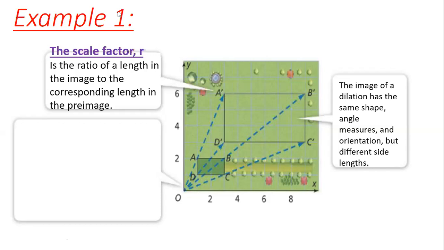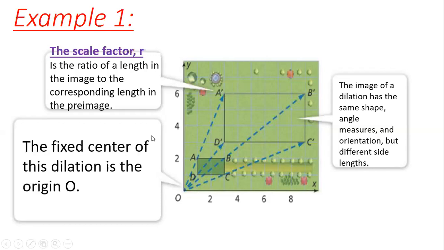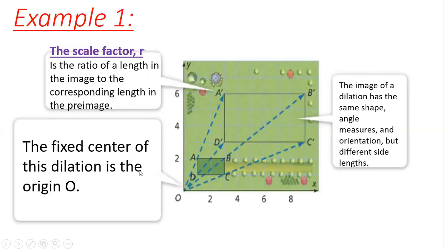Also, when we are talking about dilation, we will talk about a fixed center. For dilation, we have a scale factor, which is R, and we also have a fixed center. In this lesson, we are only going to see the center which is the origin O. So all the centers of dilation in this lesson are going to be the origin O. What do I mean by this?